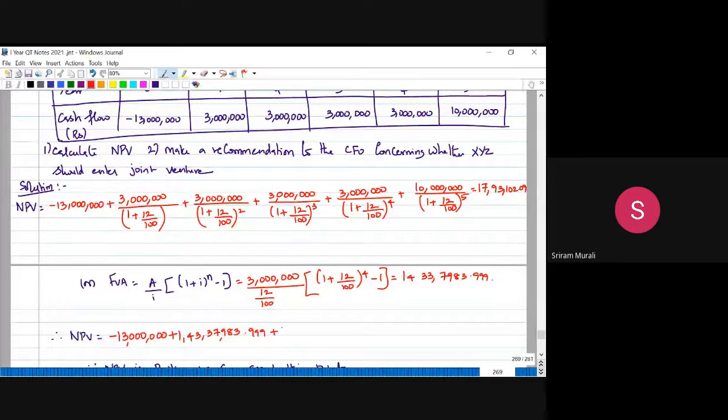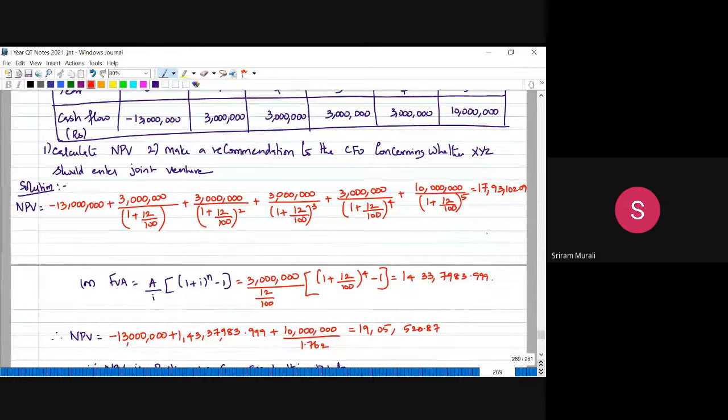Plus the last year's 10,000 divided by the interest rate computed separately for this. That is 1.672, that is 1 plus 12 by 100 the whole power 5, which is equal to 19 lakhs 5,520.87. This is the answer.